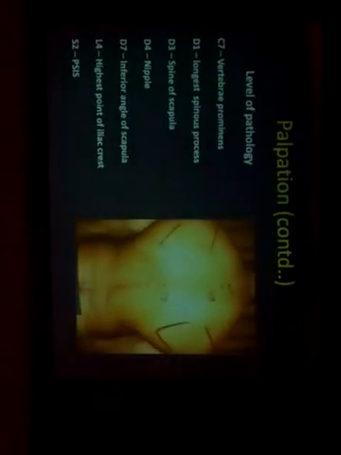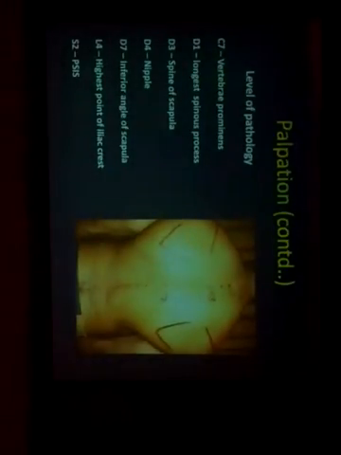Now, in palpation, you must mark, and you must be ready with these markings when the examiner comes to you. The areas you can mark are C7, the vertebra prominens, the most prominent vertebra of the spine. D1 has the longest spinous process. D3 corresponds to the base of the spine of the scapula. D4 is the next level, and so forth.